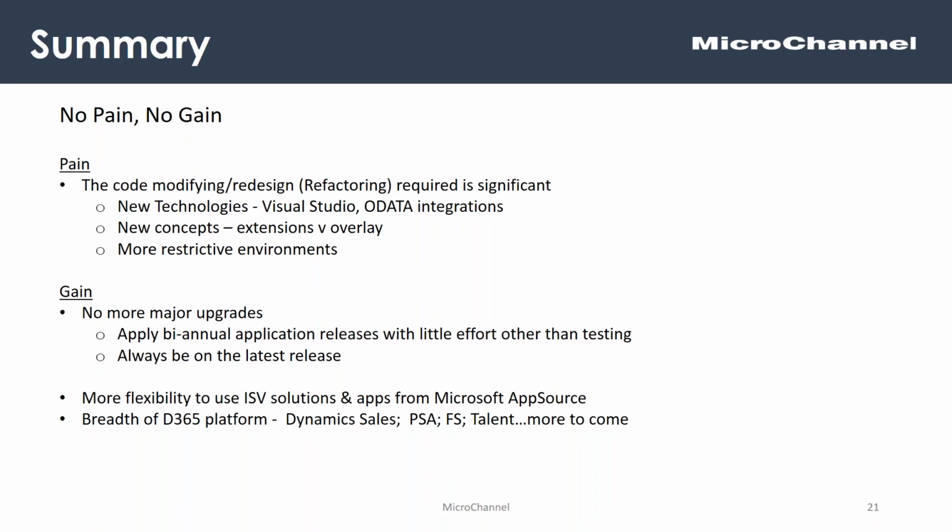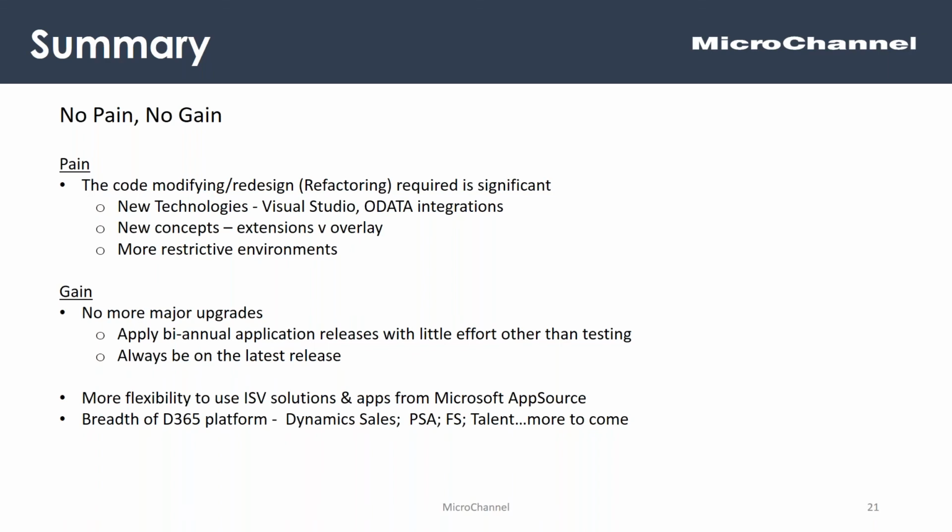But the gains that we're seeing, this could be the last major upgrade that you need to do. Application releases now are being done on a biannual basis, and some of our customers have been able to do two application releases with very little effort other than testing of the developments that they have. This puts you in a position where potentially you could always be on the latest release.